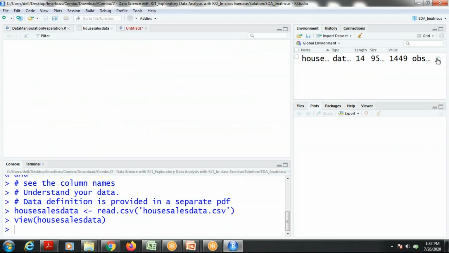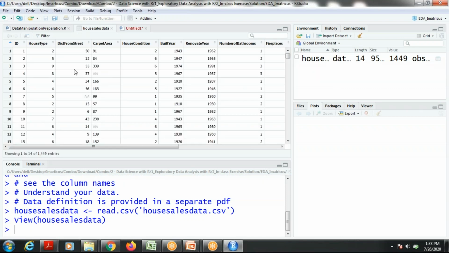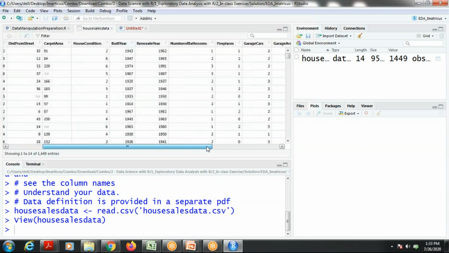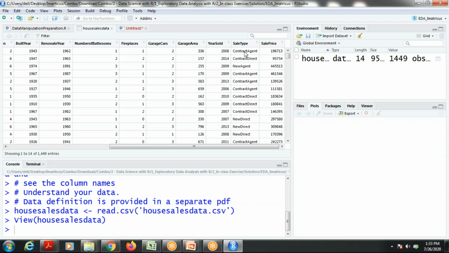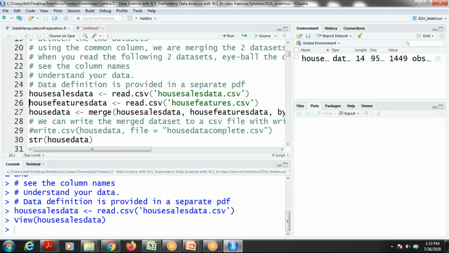This is the house sales data, wherein I have ID, house type, distance from the street, carpet area, house condition, built year, renovation year, number of bathrooms, fireplace, garage size, garage area, year sold, sales type, how it came, direct agent, contract direct, and the sales price. So this is the house related information given to me. It's sales related information.